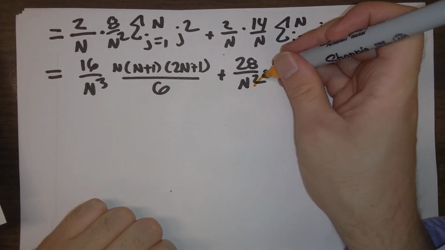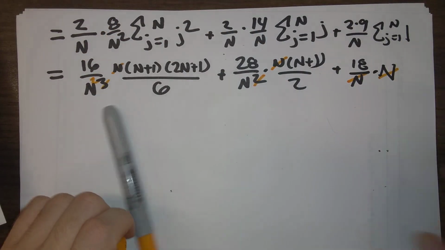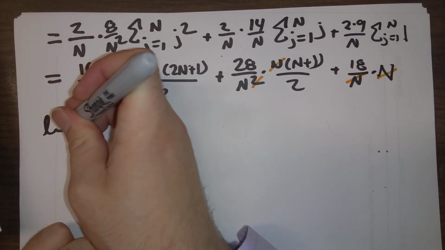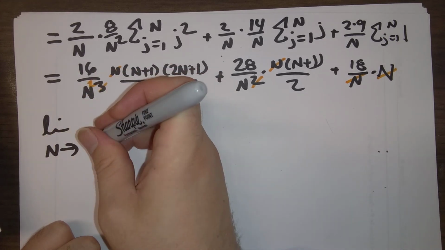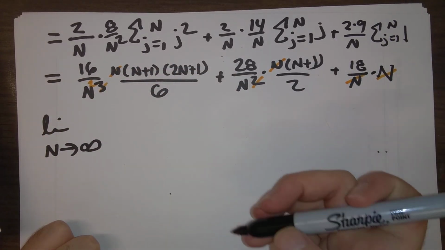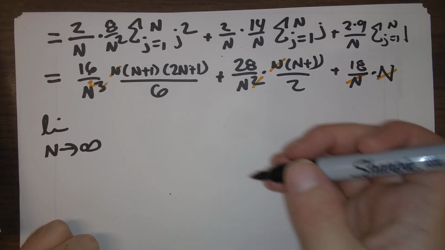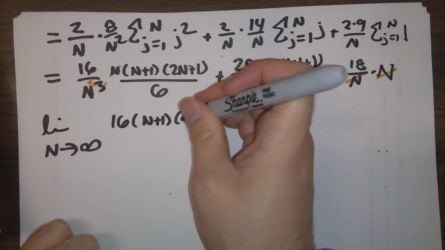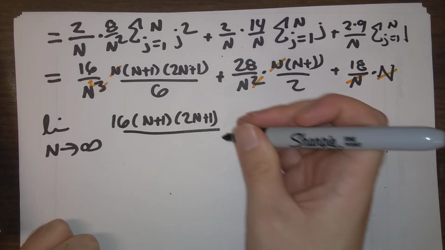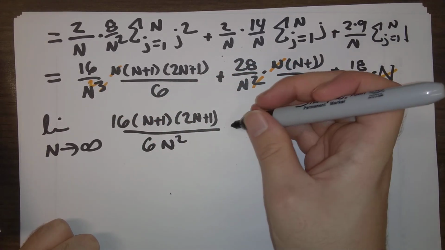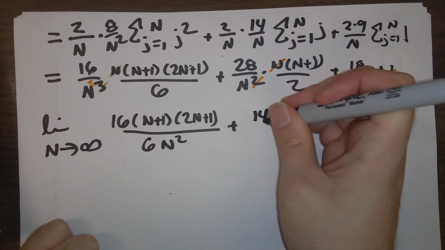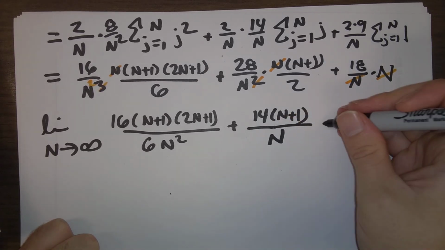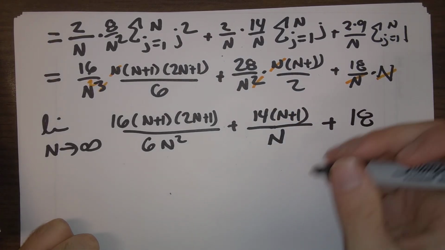Those cancel, that cancels. And at this point, what we are really interested in is the limit as n goes to infinity of this whole expression. So that's the limit as n goes to infinity of 16 times n plus 1 times 2n plus 1 over 6n squared, plus 14 times n plus 1 over n, plus 18.